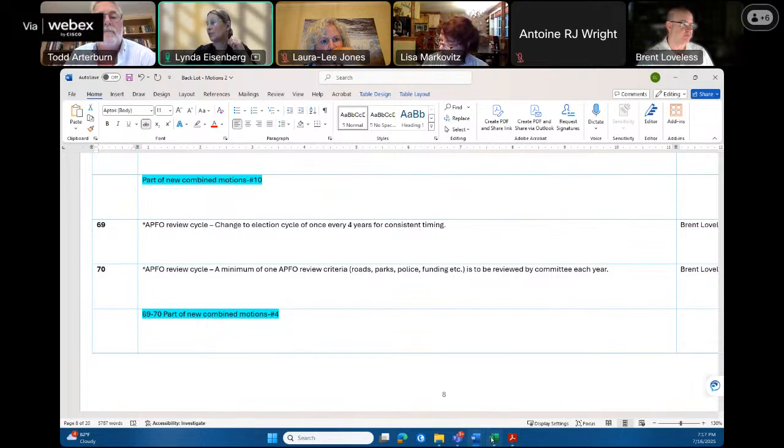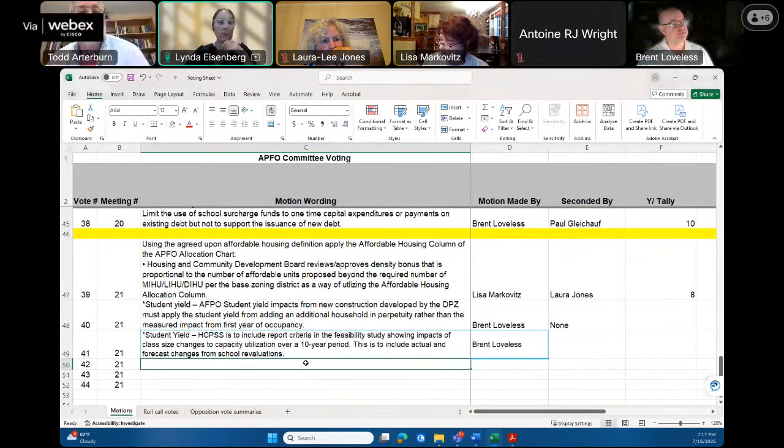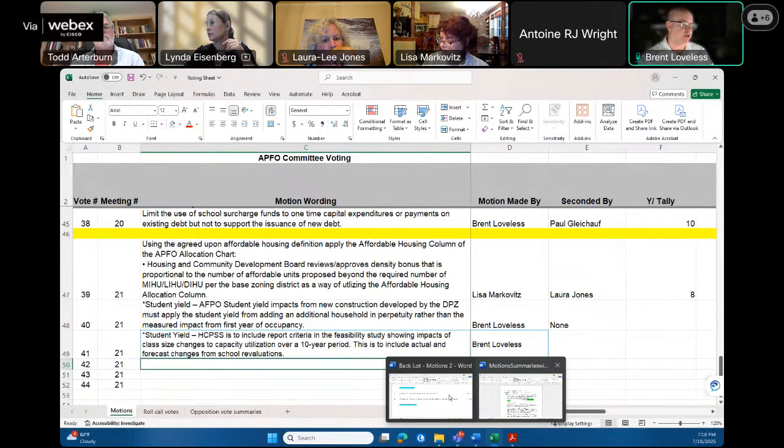It's based on the voting that we do it every 3 years, so required after comprehensive zoning and then every 3 years. With that said, strike 69, but please keep 70, and I'll make it quick.